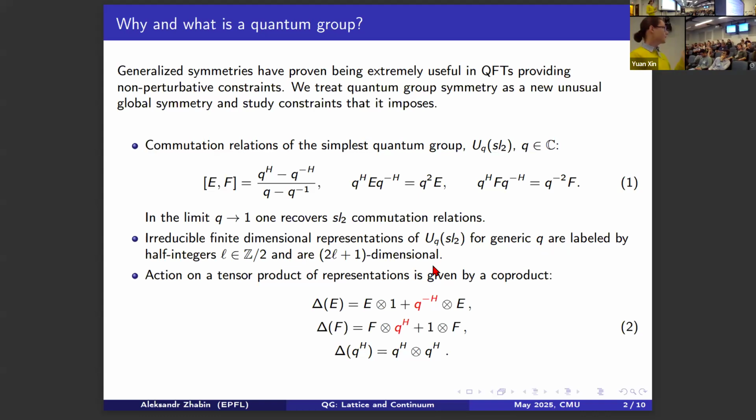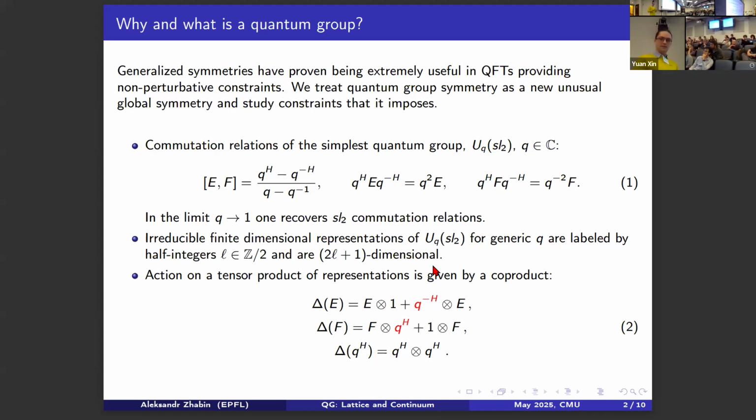Here, one can think about E, F, and H generators as some sigma matrices, Pauli matrices, sigma plus, sigma minus, and sigma z. When q goes to 1, one recovers the standard SL2 commutation relations.